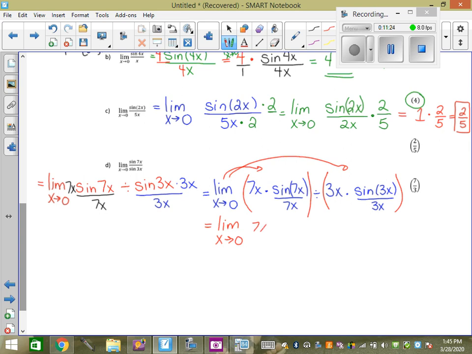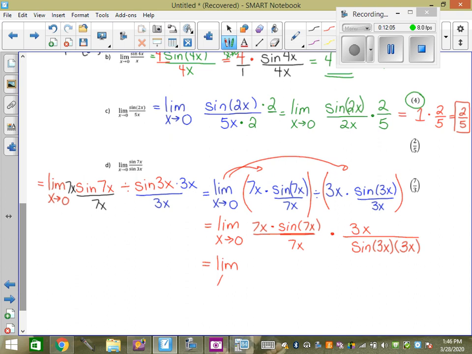So I'm going to get 7x times sine 7x over 7x, this whole thing, technically. And then I'm going to multiply by 3x, multiplied by the 3x over sine 3x, times 3x in the bottom, right? Technically. I'm going to put them all together so it makes a little more sense in a second.